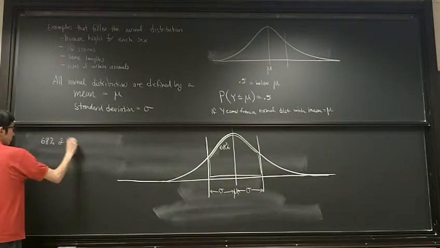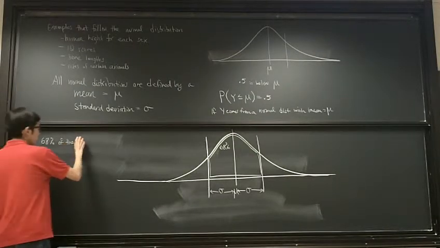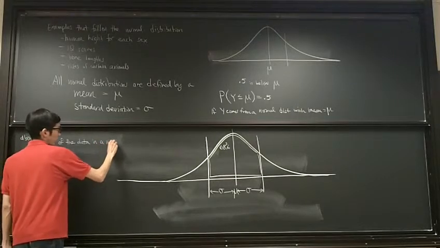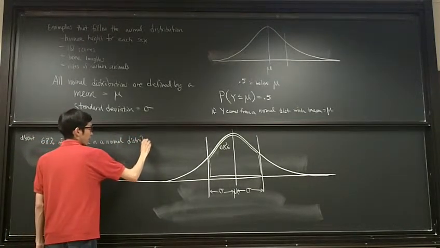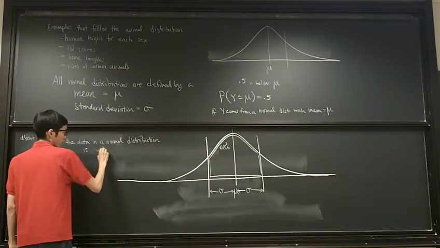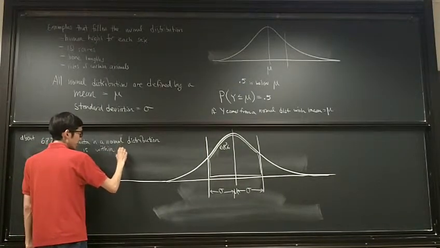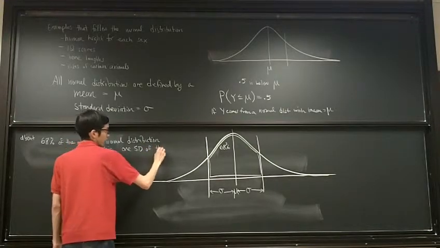So 68% of the data, I should say about 68% of the data in a normal distribution is within one standard deviation of the mean.